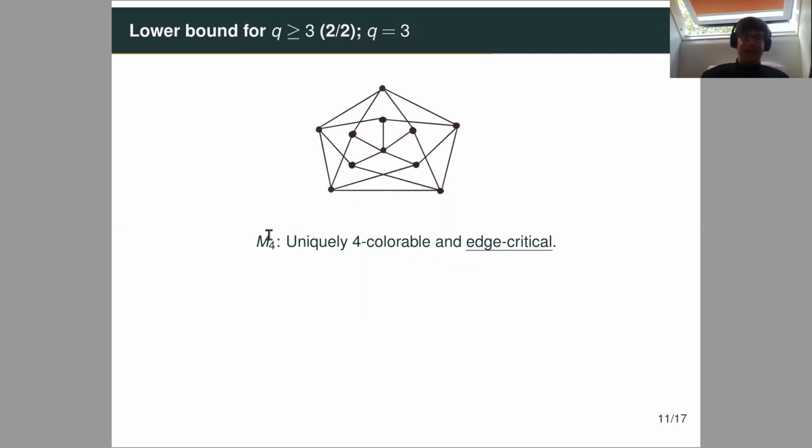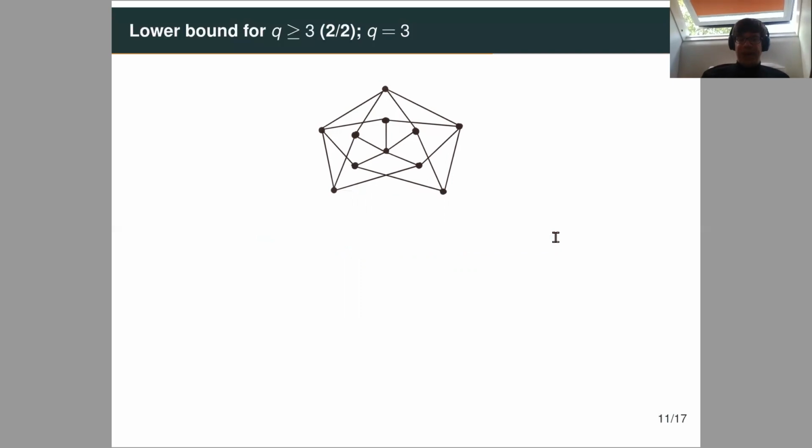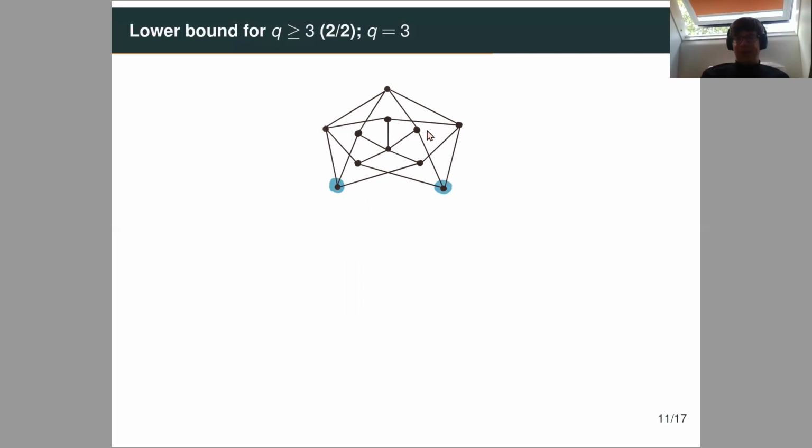So here we look at M4, which is a uniquely 4-colorable graph, and edge critical, meaning that whenever we remove an edge, we obtain a 3-colorable graph. So now we know that in any proper 3-coloring of this graph, these two vertices need to receive the same color, right? Because otherwise we would have a 3-coloring of M4, which does not exist.